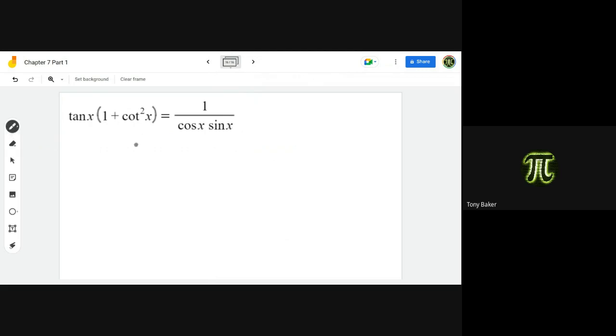All right, so let's change this to. That changes to what? Cosecant. And now let's go to sines and cosines.